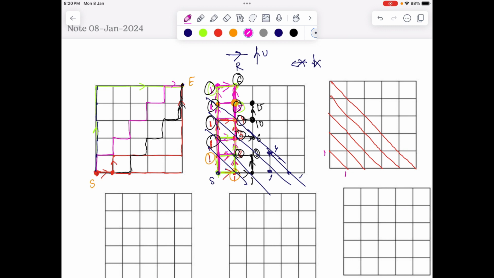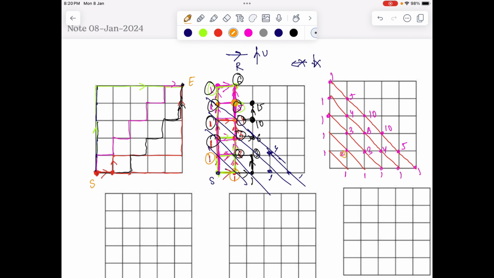The very surprising fact is that the number written over this node is something really special. This 1, 4, 6, 4, 1. We have 1, 5, and 10, 10, 5, and 1.